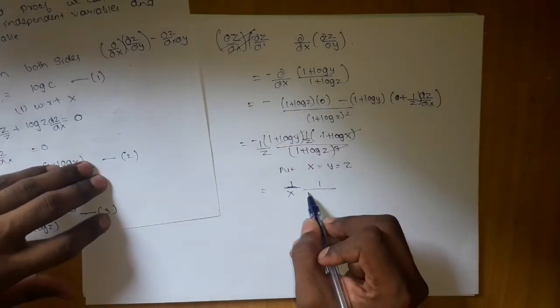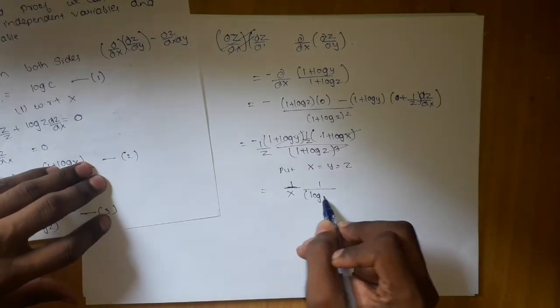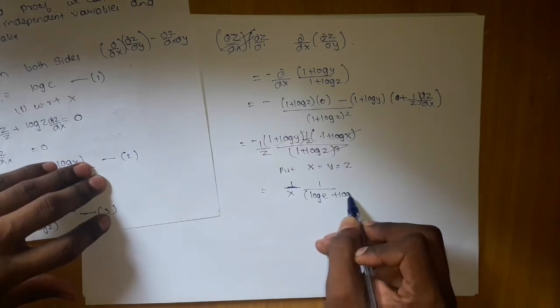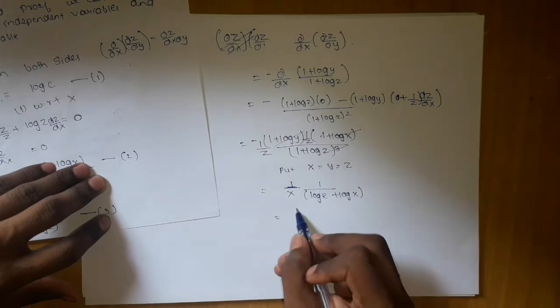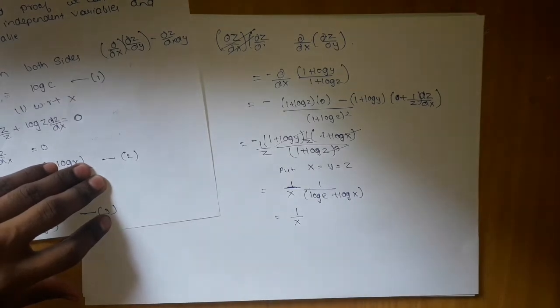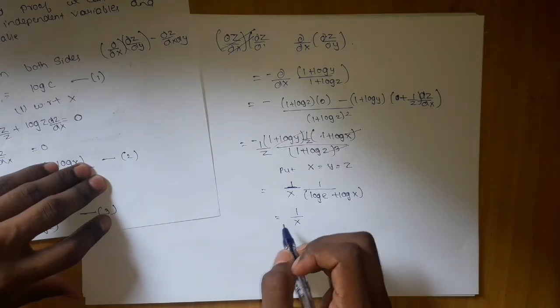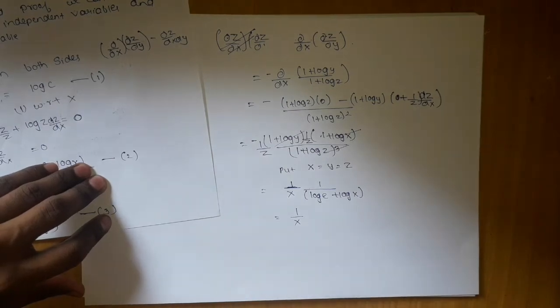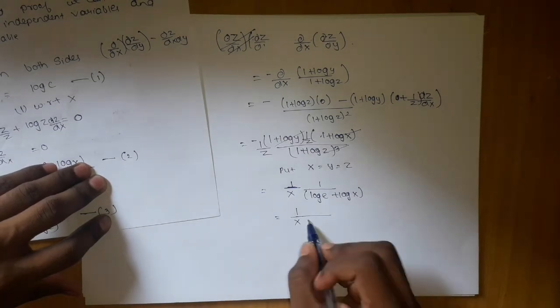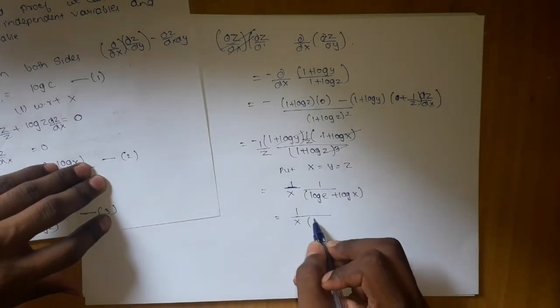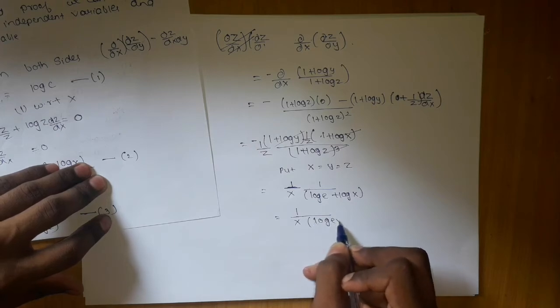So 1 by x, this I can write as log e to the base e plus log x, which if I modify, we can write it as log ex.